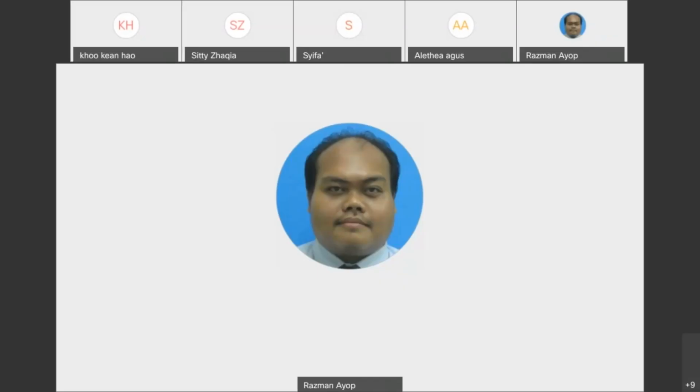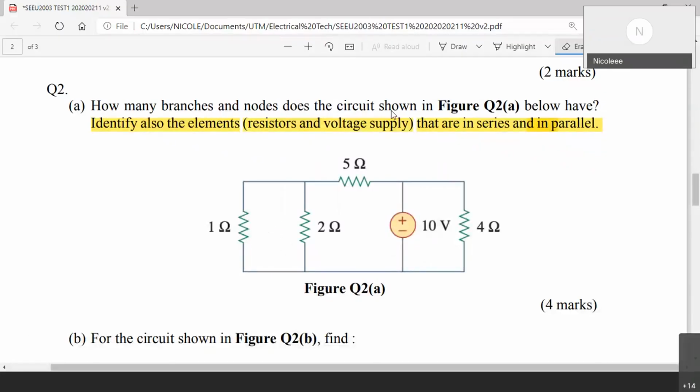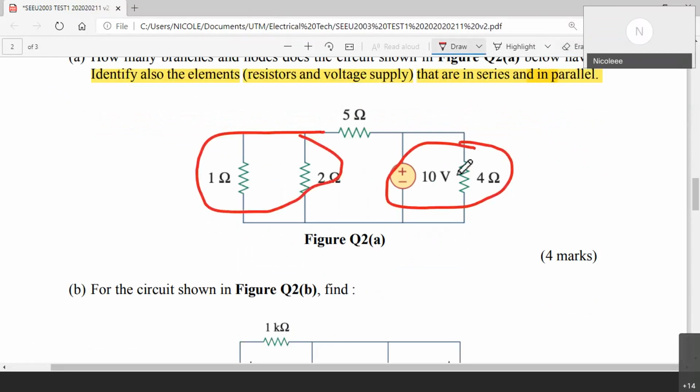Then, doctor, can I ask about the test question? There's something I'm not very sure of, like why I'm wrong there. This question is to identify the elements, right? You said that these two are in parallel and these two are in parallel with each other, right?